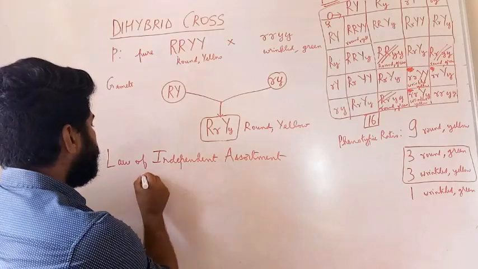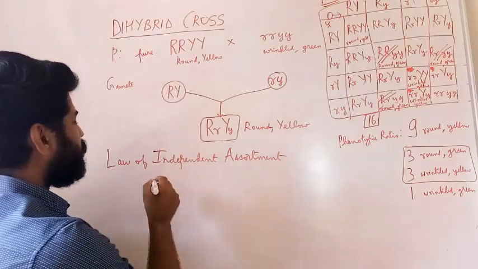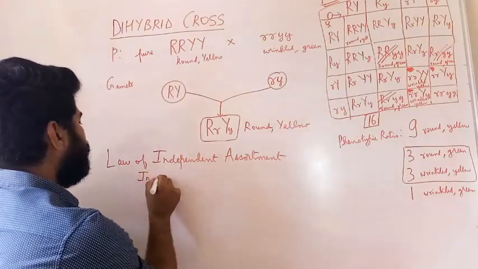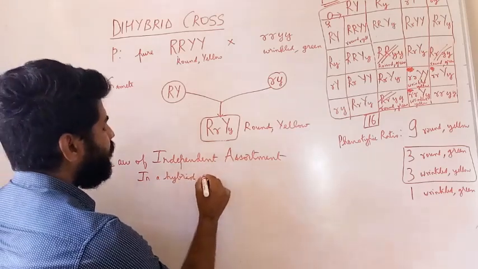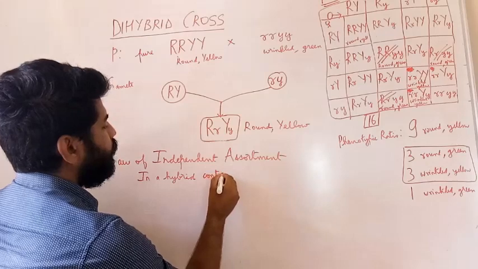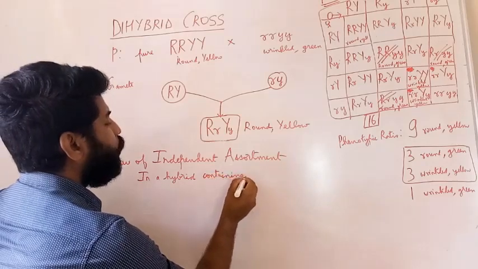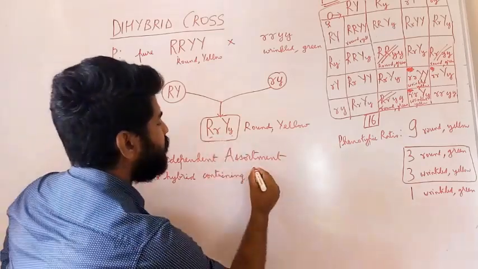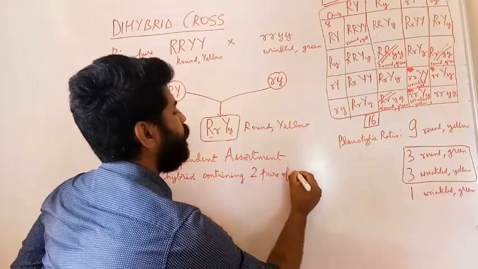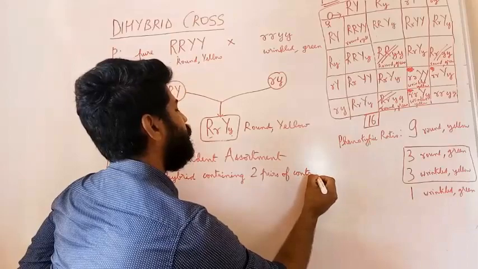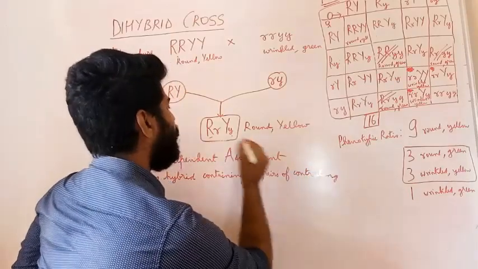It says that in a dihybrid cross, so in a hybrid containing two pairs of contrasting traits, contrasting traits. Example is what we discussed now.